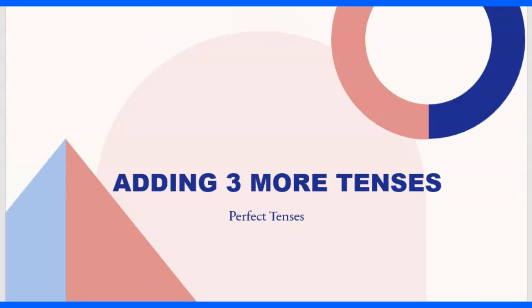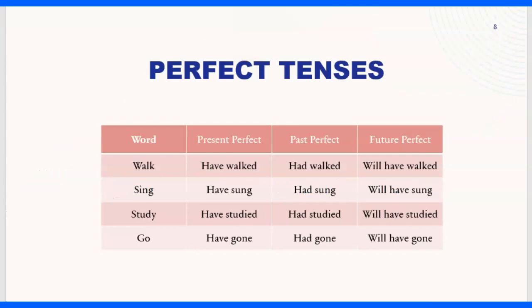So now we are going to add 3 more tenses to our grammar knowledge, and those tenses are called the perfect tense. Now, the perfect tenses are seen a lot in older writing. We see it in biblical literature and other literature from that time period.